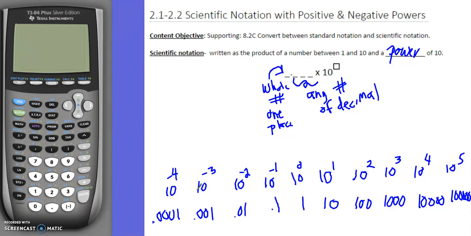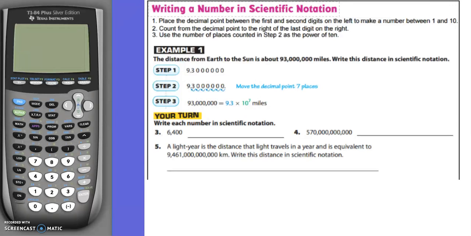All right, so let's review scientific notation. We got some steps here. We're going to place the decimal point between the first and second digits on the left of any number to make it 1 to 10. So let's say I have this number here, 93 million, and we want to write it in scientific notation. The first thing is to place the decimal point between the 9 and 3.